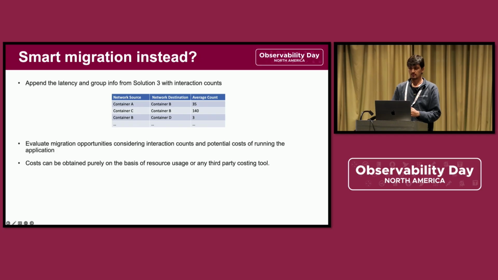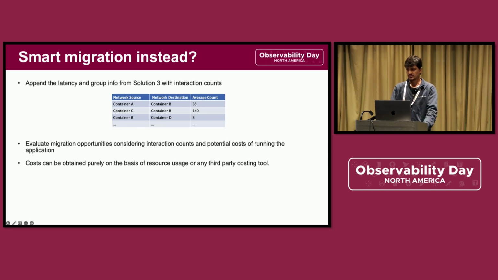So coming back to our previous solution, to do something like this, we already have the historical latency. We basically append the interaction counts, which is an average volume of calls across a given time frame.